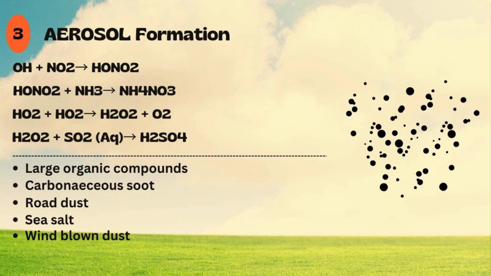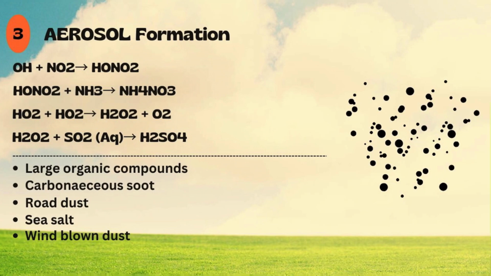However, nitric acid is very soluble in water and is a strong acid, and it thus contributes to another aspect of smog, and that is the production of acidic species. These acidic species in the presence of ammonia will generate ammonium nitrate, and this ammonium nitrate is formed as a secondary aerosol particle.